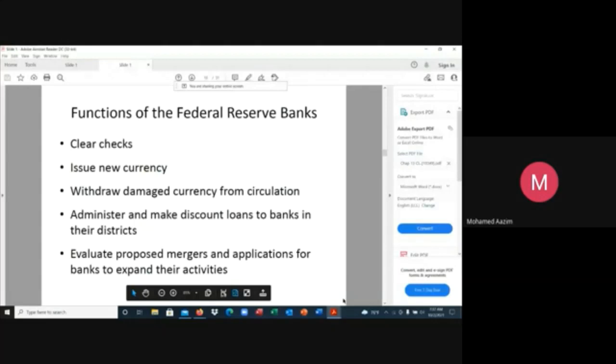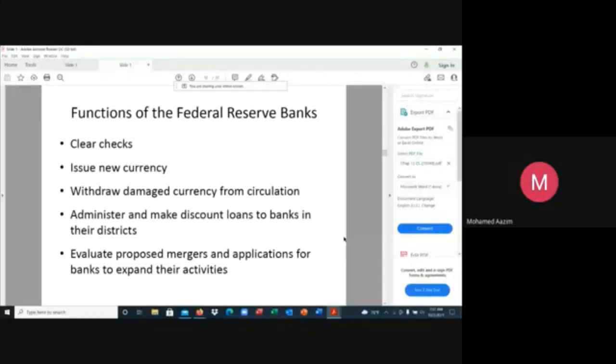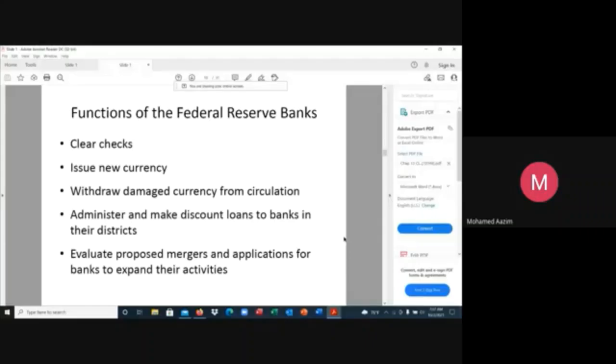So to say that some of the functions of these banks, some of these are very conventional. In today's context, we normally do not even worry to discuss them, because these are always functions of central banks to a great extent.